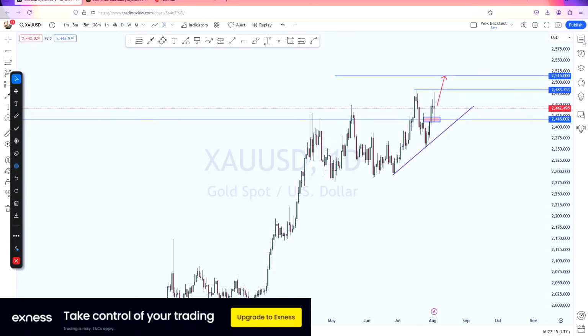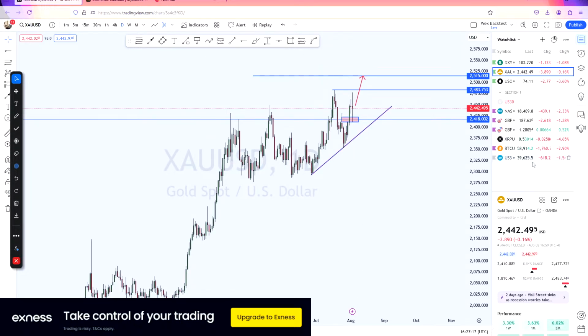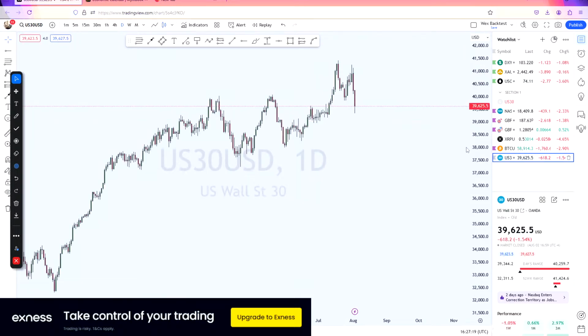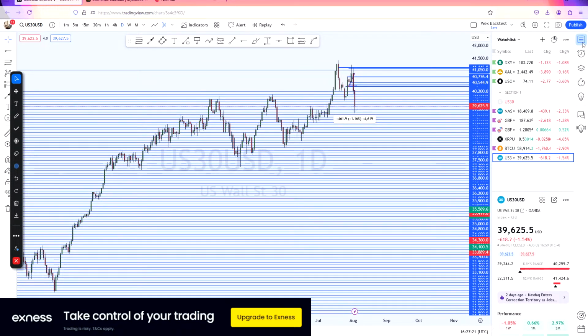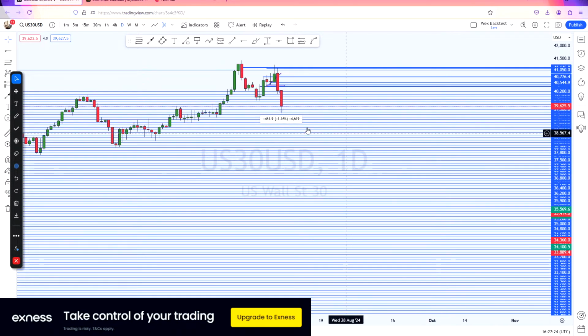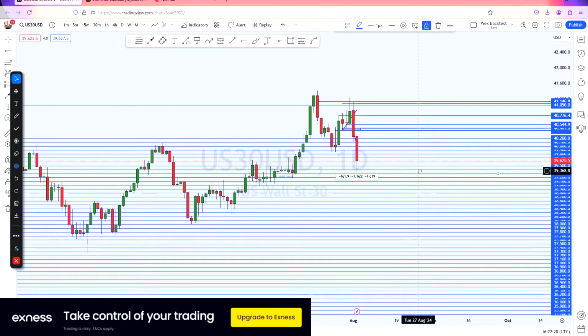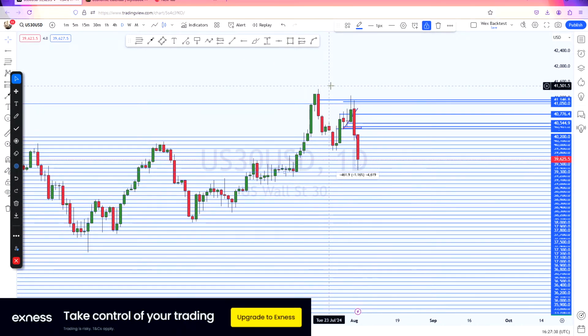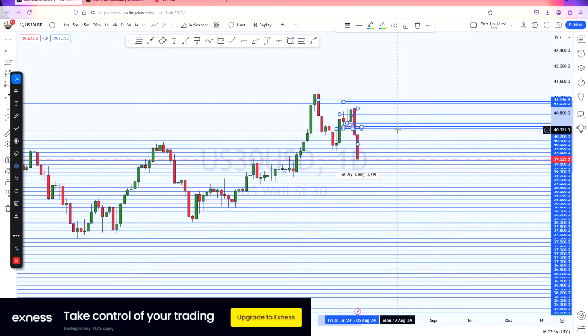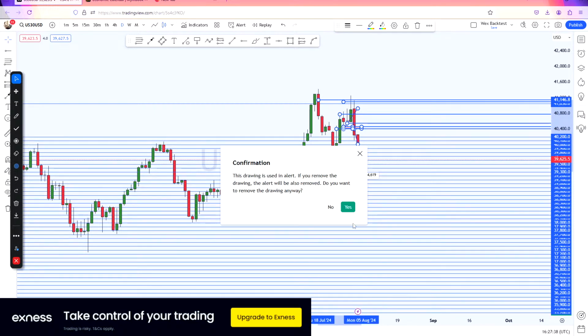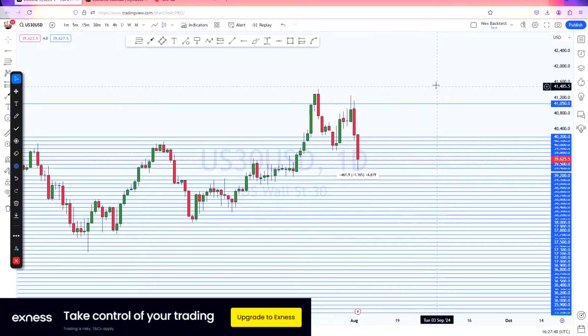So now, going to US30. US30 has been on a nice ride.